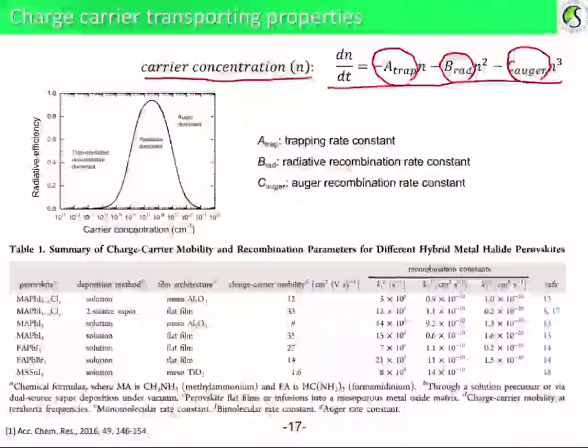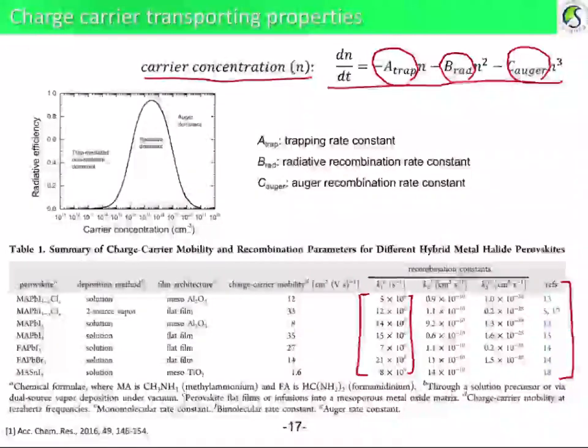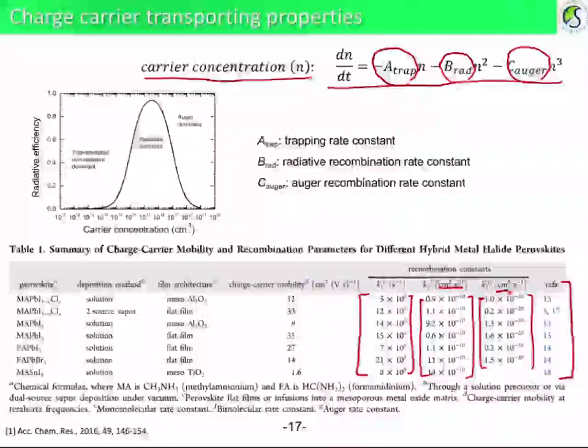So in this graph, they summarize the constants for the perovskite material. You can see that the trapping rate is typically on the scale of 10 to the 6 per second, whereas the radiative recombination is 10 to the minus 10 cubic centimeter per second, and the Auger recombination is 10 to the minus 28 square of cubic centimeter per second.